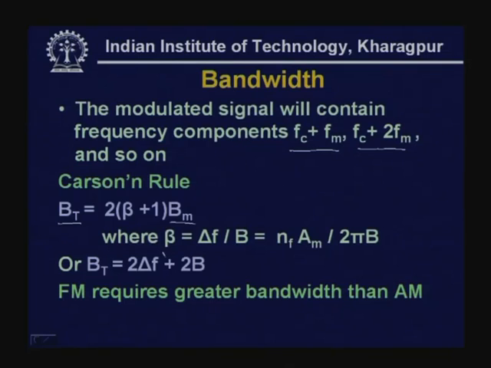And as we have seen, beta is equal to delta F by B, which can be represented by Nf Am by 2 pi B, or Bt is equal to 2 delta F plus 2B. So what we observe from this simple relationship is that FM requires much higher bandwidth than an amplitude modulated signal. So the bandwidth requirement for FM is much higher.